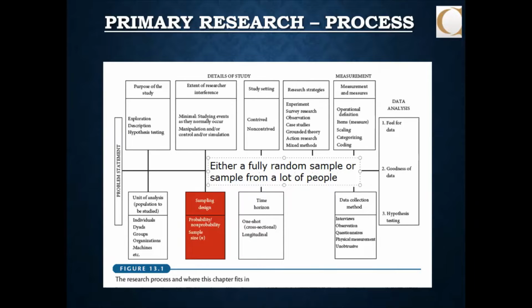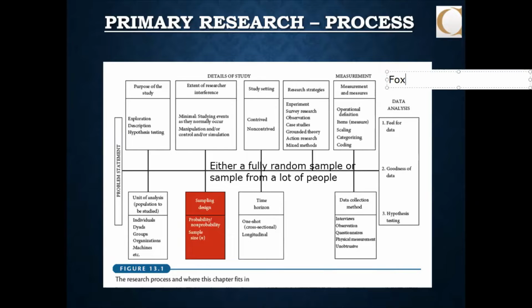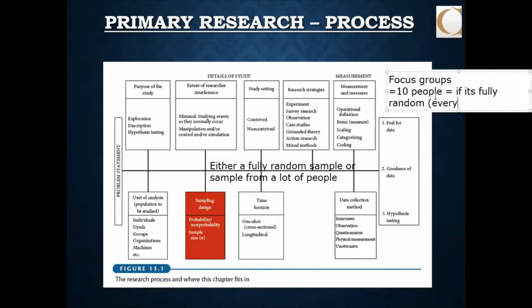So you could sample focus groups, right? You could have a focus group of, let's say, 10 people, and if it's fully random, like everyone is selected randomly, this will work.